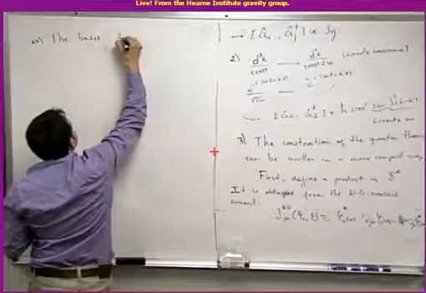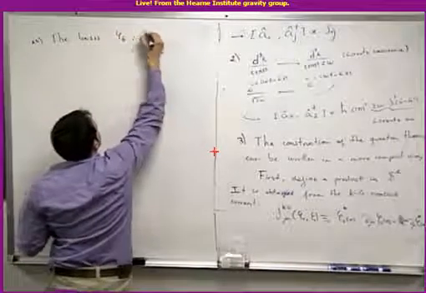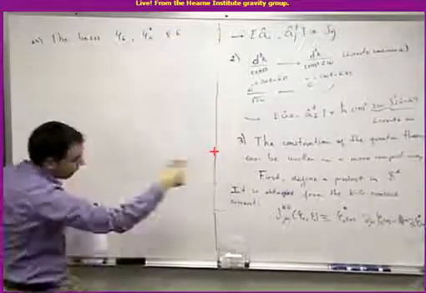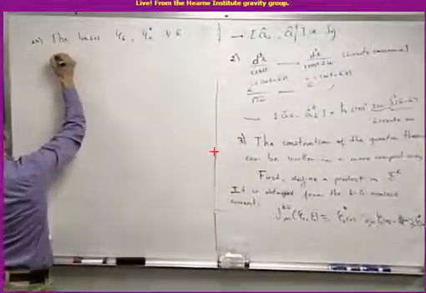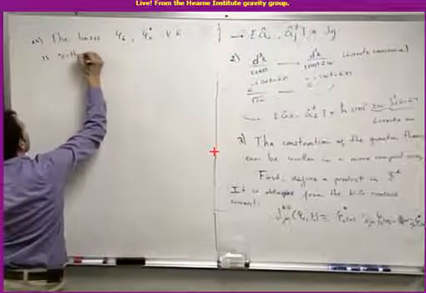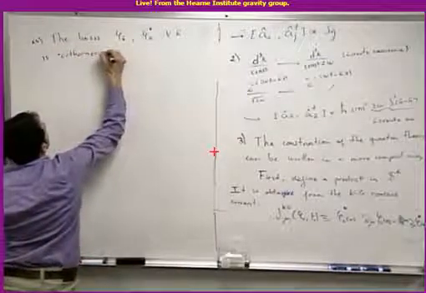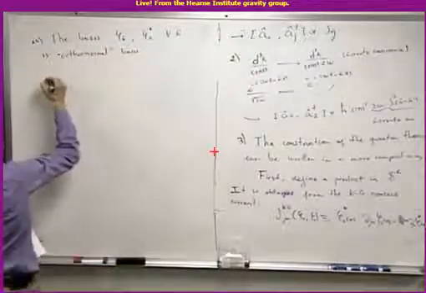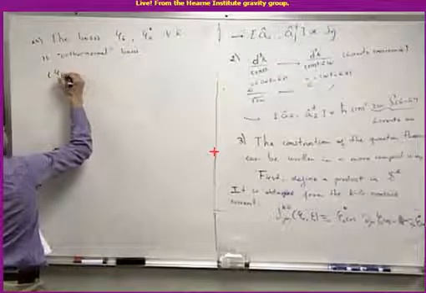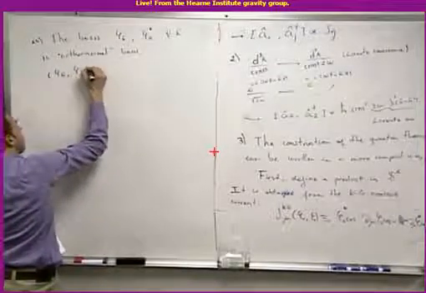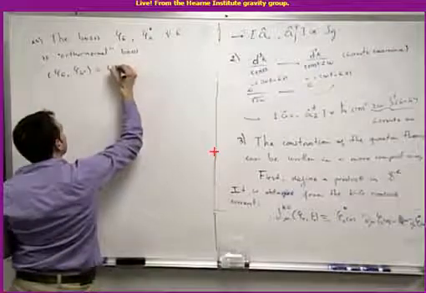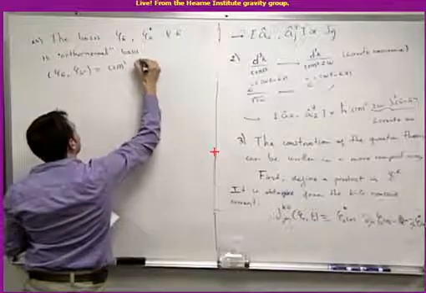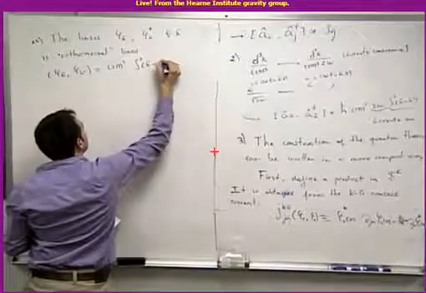And the last property is that the basis that we are using, made of these guys and the complex conjugates of these guys for all k, is a complete basis of the space of solutions, and is an orthonormal basis in the following sense. I put quotation marks for the following reason. If you take the product of any two elements of the basis, you will get 2 pi cubed delta of x minus x prime.